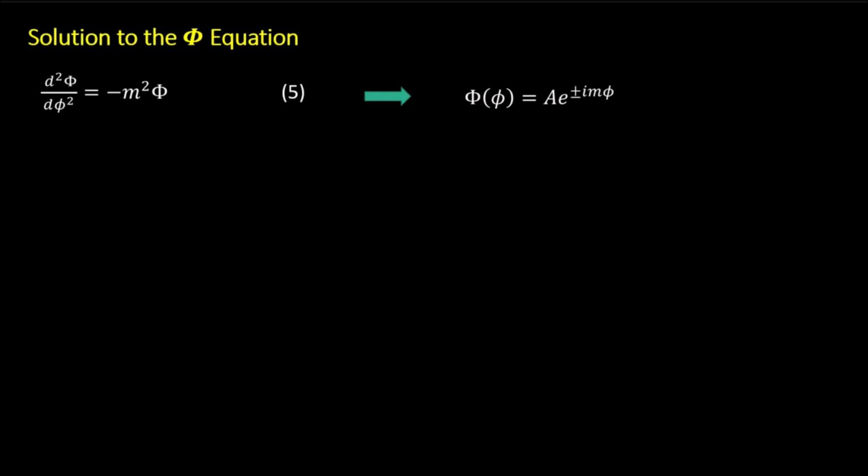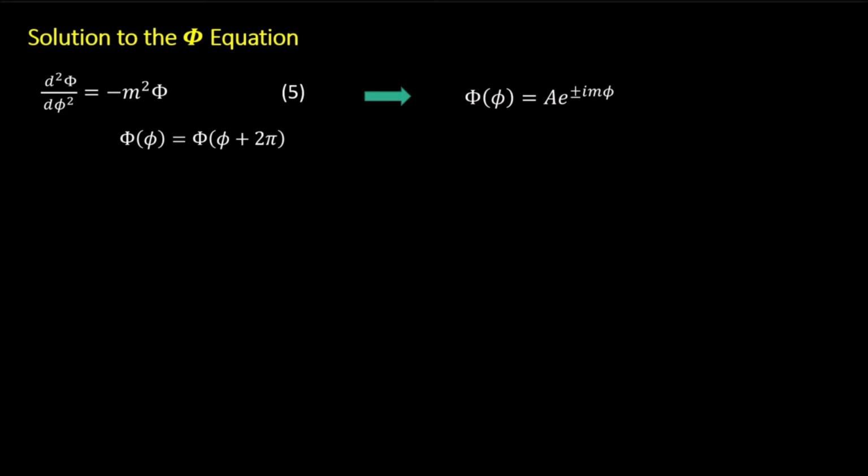Since capital phi is a component of the complete wave function psi, the condition on psi, that psi must be single valued at a given point in space, must be obeyed by phi too. That is, capital phi of phi must be the same as capital phi of phi plus 2 pi, because changing the angle phi by 2 pi gives the same point in space.